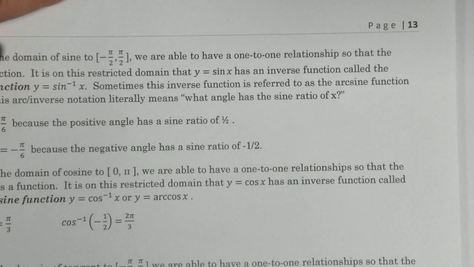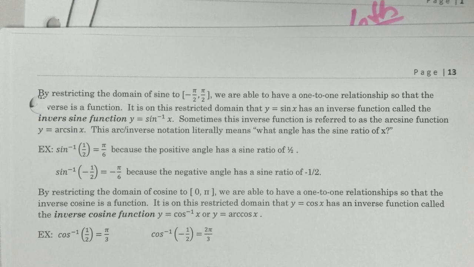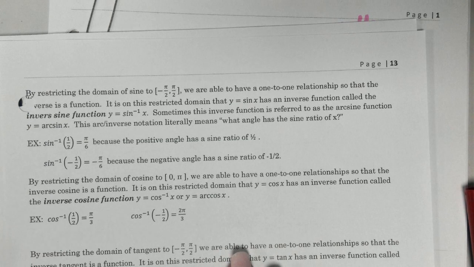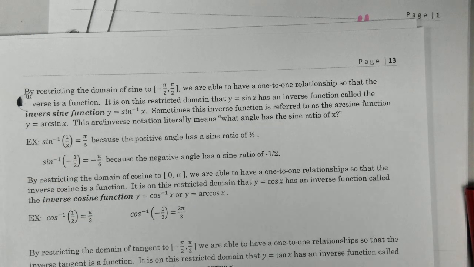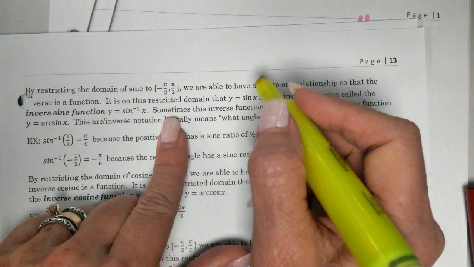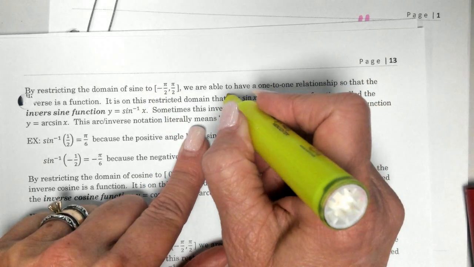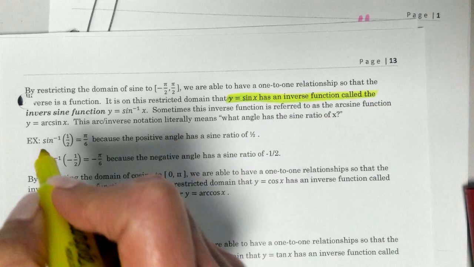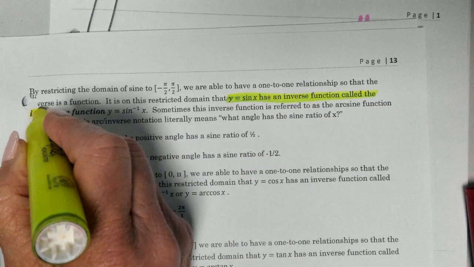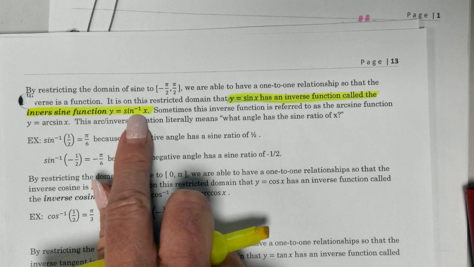On page 13, I've got some more information up here that explains a little bit more about your inverse. But something important that I need to point out is that on the restricted domain, y equals sine x has an inverse function called the inverse sine, which is y equals inverse sine x.